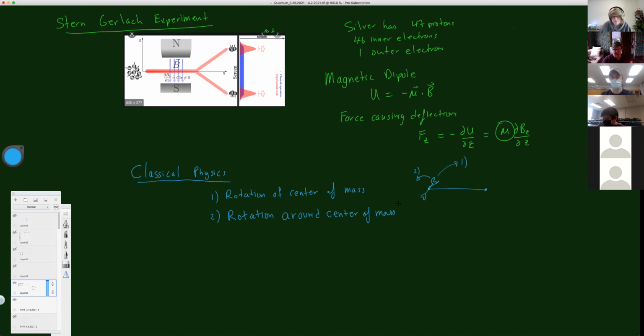And so this is why it started being called spin, because we already know about orbital angular momentum. That's what it's called, the L, right? That's kind of like rotation of the center of mass. In classical physics we would call that orbital angular momentum because it's orbiting the center. Orbital angular momentum is 1, in quotes.